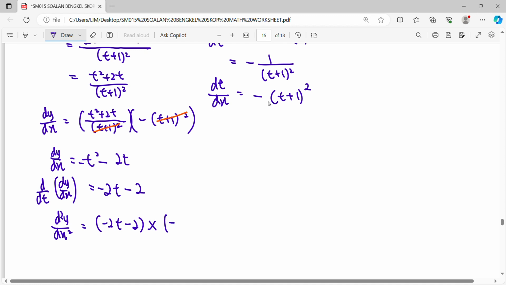You always remember, for parametric, at the end there, times dt/dx, takkan salah. Kalau you just differentiate saja, memang akan salah. So how we do this? Negative, negative, we get positive. 2, I factorize out.